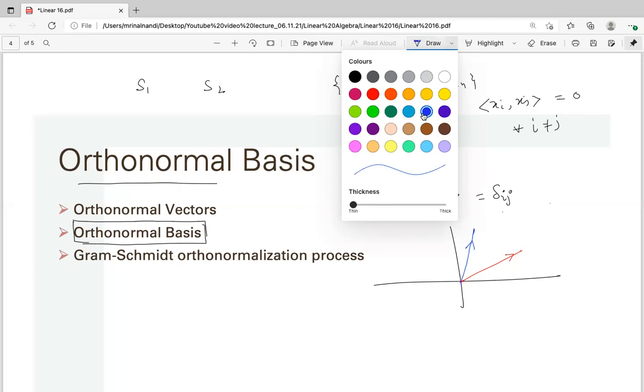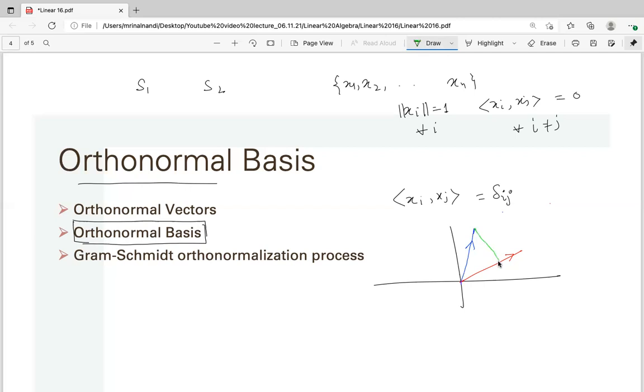So we drop a perpendicular from this to this, and this is actually the component of these two. So the blue is actually the sum of this red portion and the green portion. If we take the difference of the blue minus this portion of red, that will give you the green vector, orthogonal to the red.